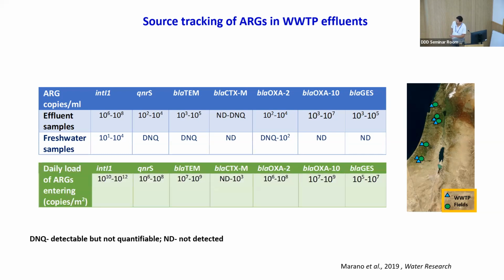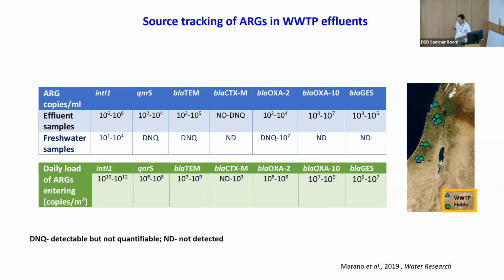If we extrapolate to how many antibiotic resistance genes are entering in copies per square meter, you can see there's a huge amount of these genes infiltrating into these soils through treated wastewater systems. And these are real life examples, so it's quite worrying. The next step was to look in the soil and at the crops and see what's going on there.